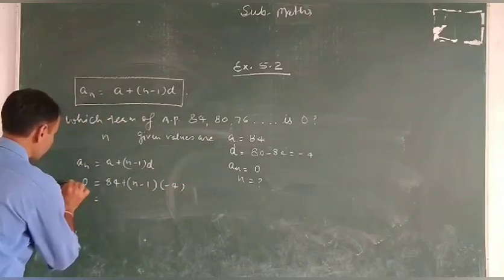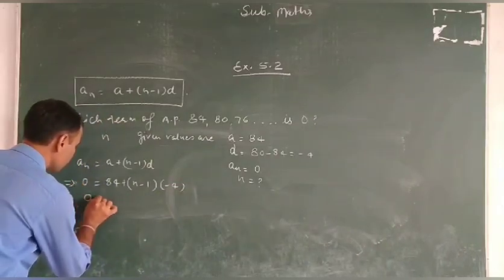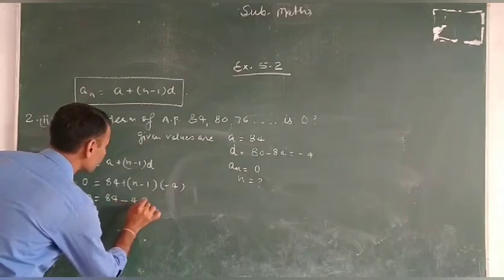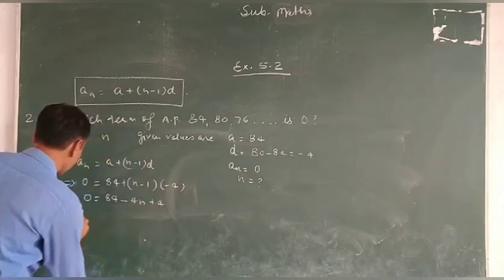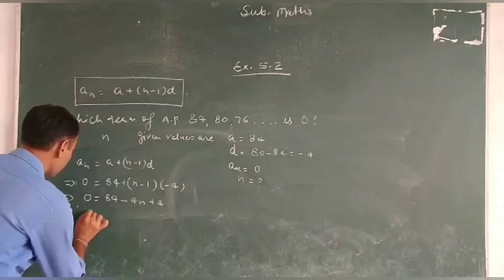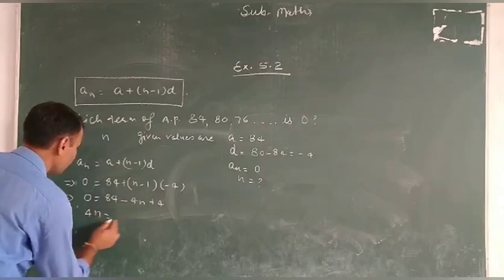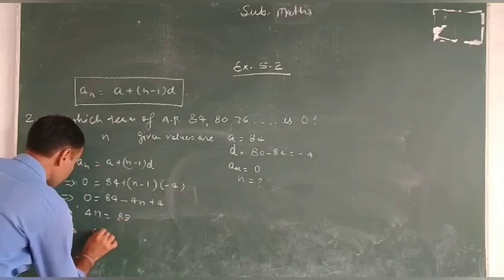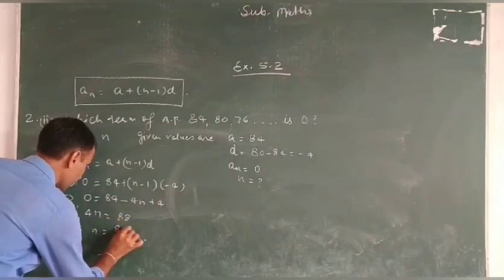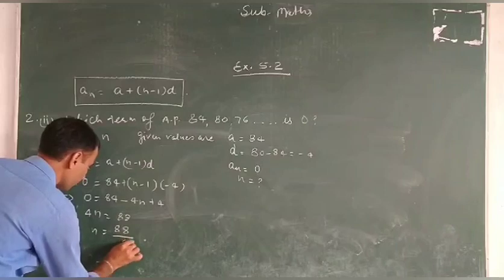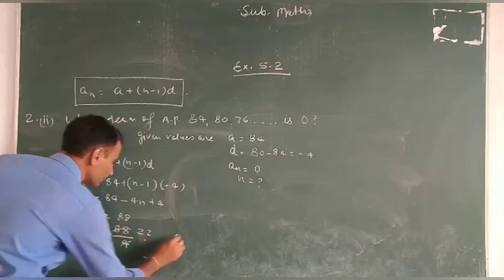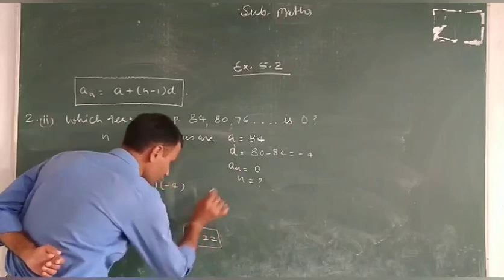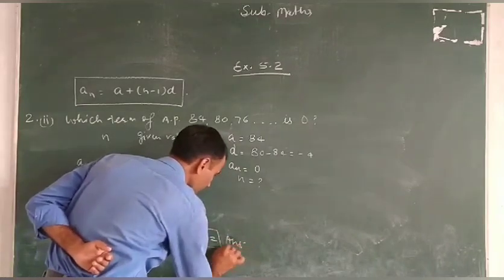By solving both sides, 0 is equal to 84 minus 4n plus 4, or 4n is equal to 88. 88 upon 4, and it's 22. So n is equal to 22. It's the answer.